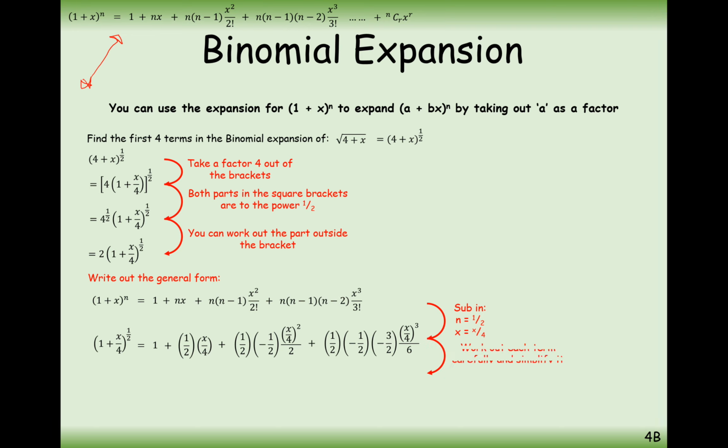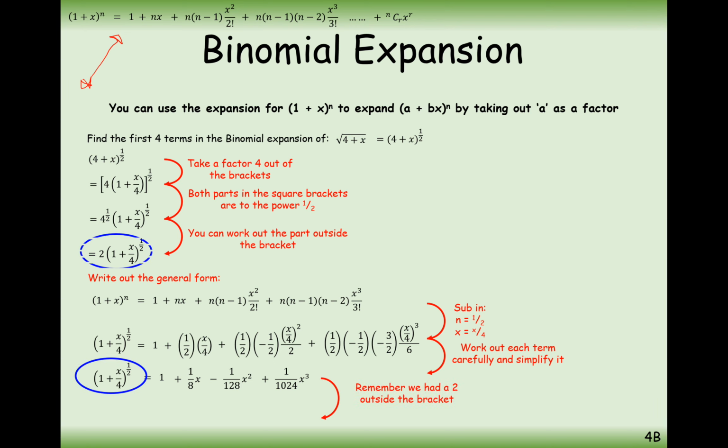We can simplify all of our coefficients there, just grab your calculator and simplify them all in turn. Our final answer here is going to be the binomial expansion for the square root of 4 + x, so we're going to need to multiply by 2 here. So multiply each term by 2 to get the full binomial expansion answer for this question.